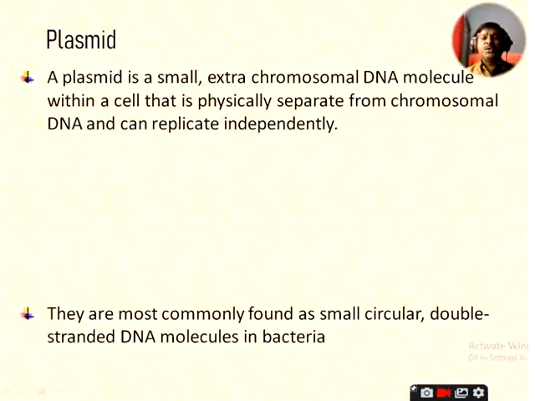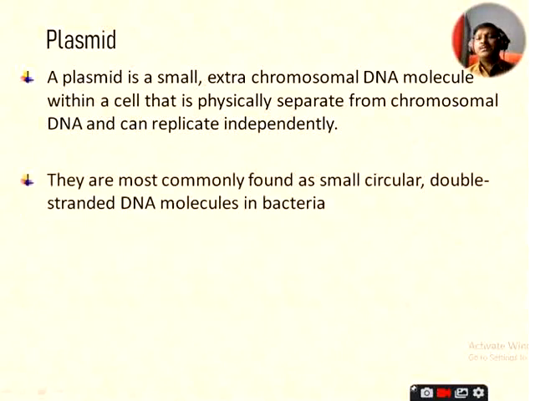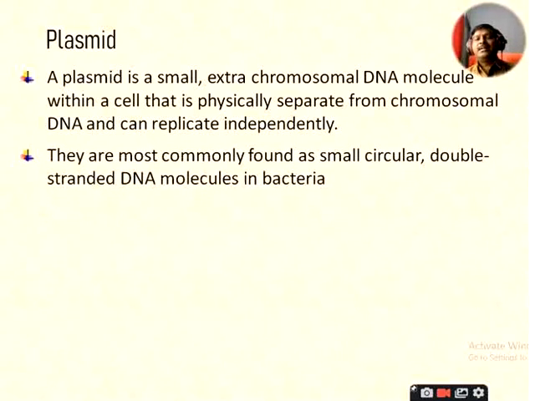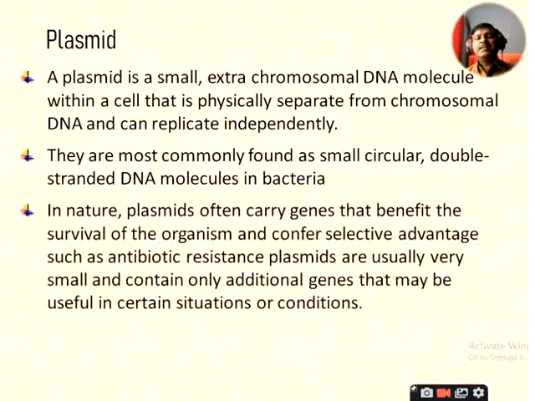They are most commonly found as small circular double-stranded DNA molecules in bacteria. In nature, plasmids often carry genes that benefit the survival of the organism and confer a selective advantage such as antibiotic resistance.